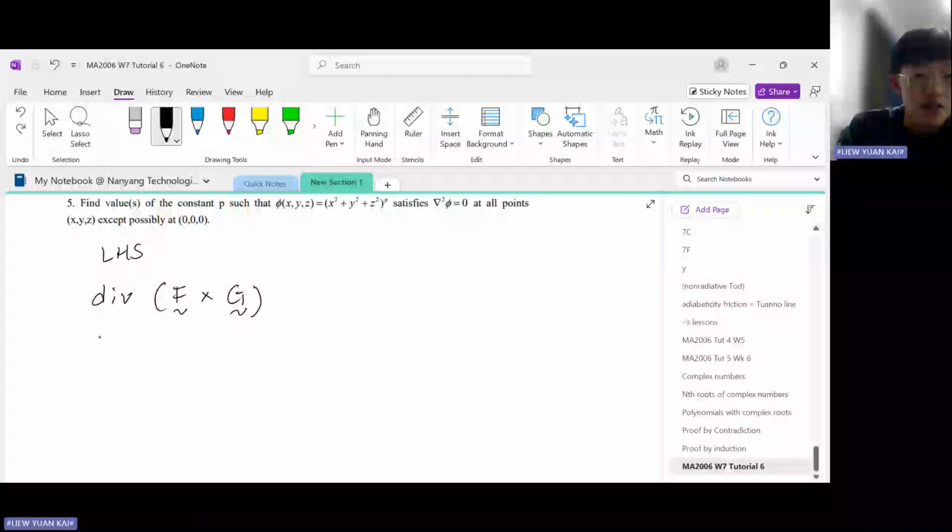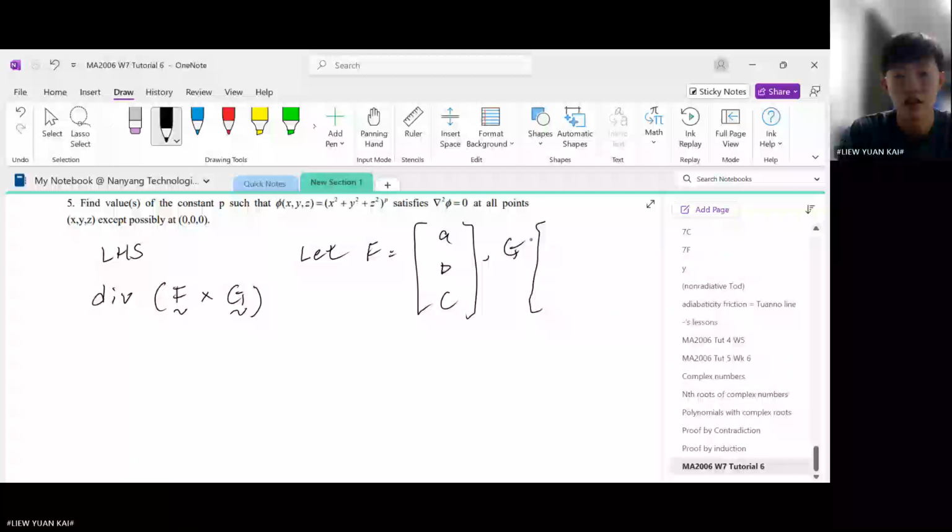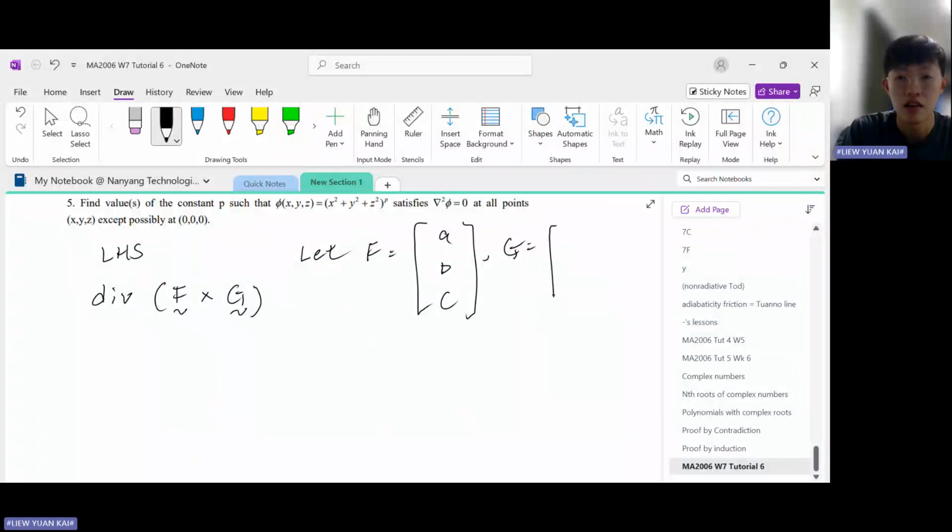So how do we do this? What we need to do is let f be the vector function (a, b, c), and g be the vector function (d, e, f).